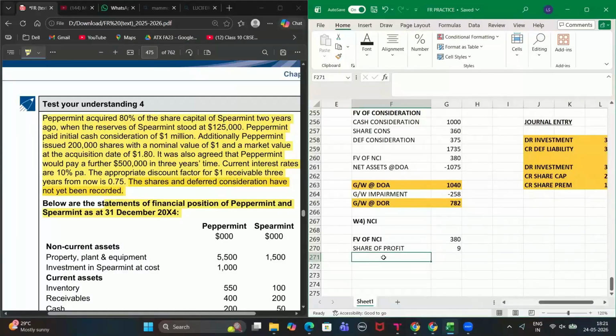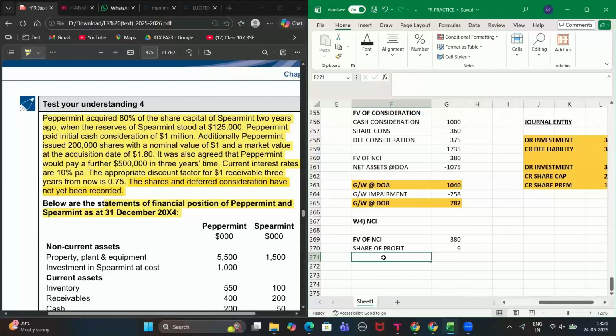In a fair value model, if we are having any impairment on goodwill, what will we do? We will split the impairment based on the shareholdings.